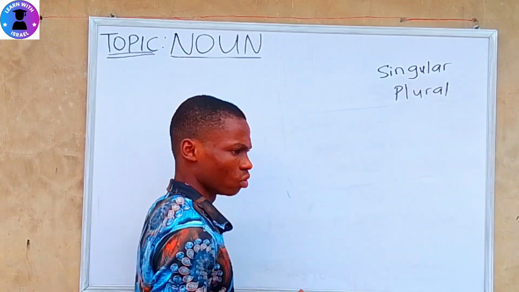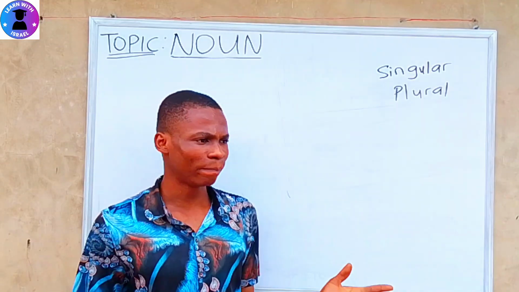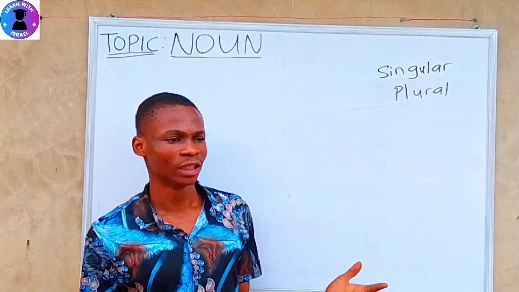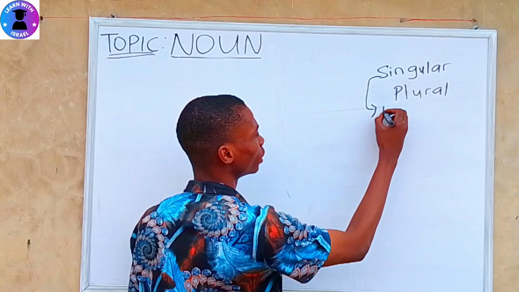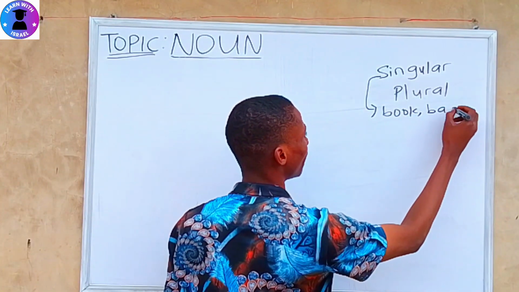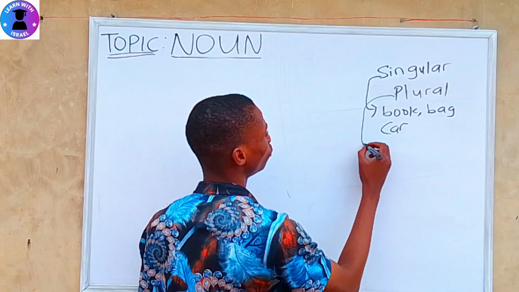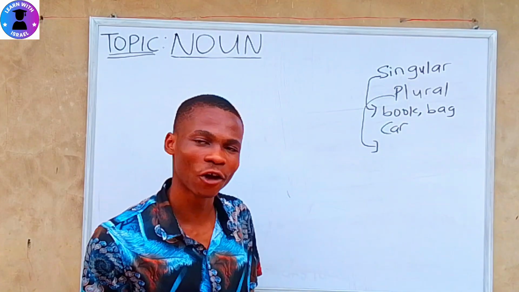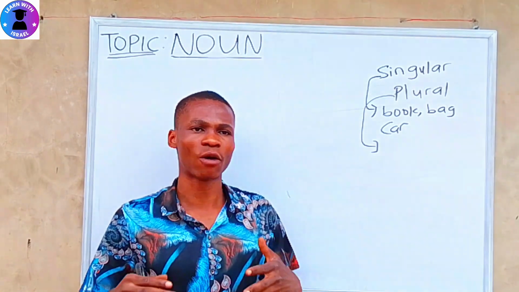So singular noun involves one item, one place, one person, one thing. So when I say one thing, you can say book. Book is singular, bag is singular, car is singular. But plural involves more than one item, more than one thing, more than one person.